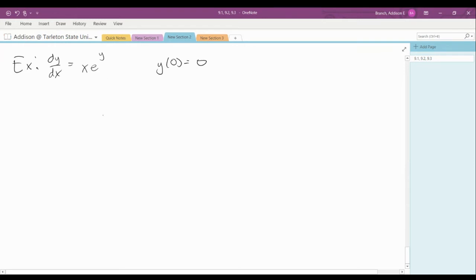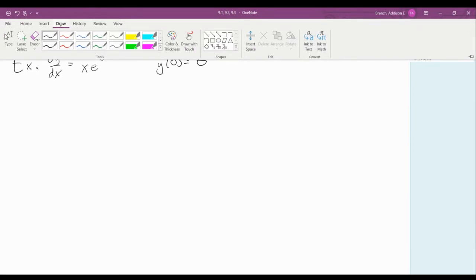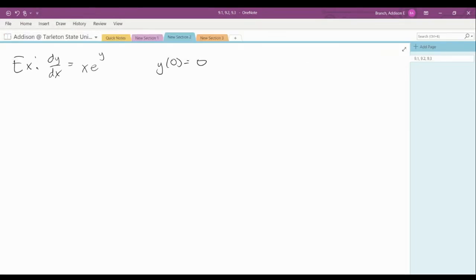So let's solve this like we did earlier. Our first step is to get our x's and y's on both sides. So move the dx, move the dy, and then divide by e to the y to get e to the negative y dy is equal to x dx.